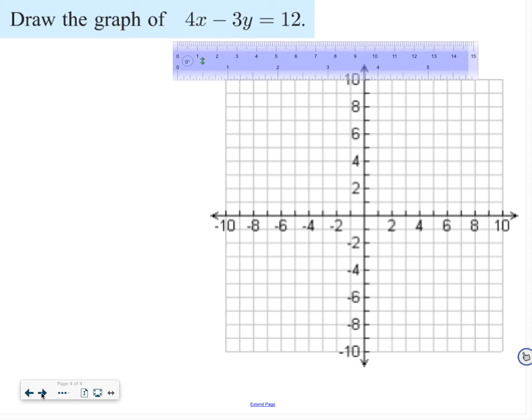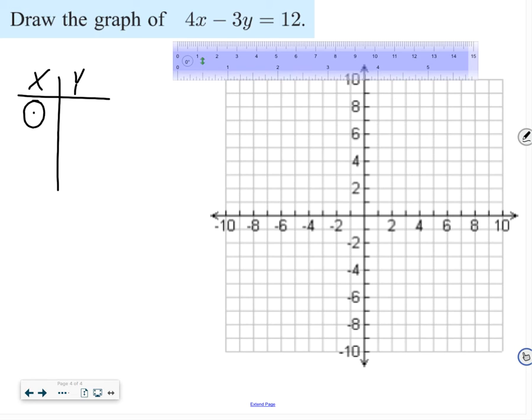So let's look at an example. All right, so 4x minus 3y equals 12. As I do this, I like to make a table. So with my table, I say my x value, my y value. Well, I want to know first for my y-intercept, I let x be equal to 0.